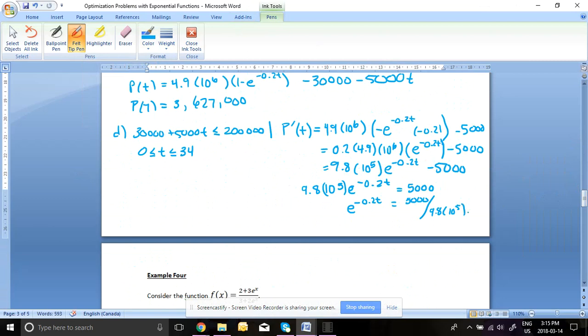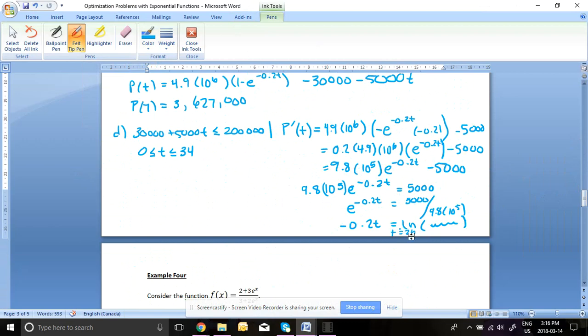So this is all just a number that your calculator can handle. So now what we need to do is take the natural log of both sides. When we take the ln of both sides, you will get negative 0.2 t on the left equals the ln of all that on the right. And when you do that, you get t equals about 26.